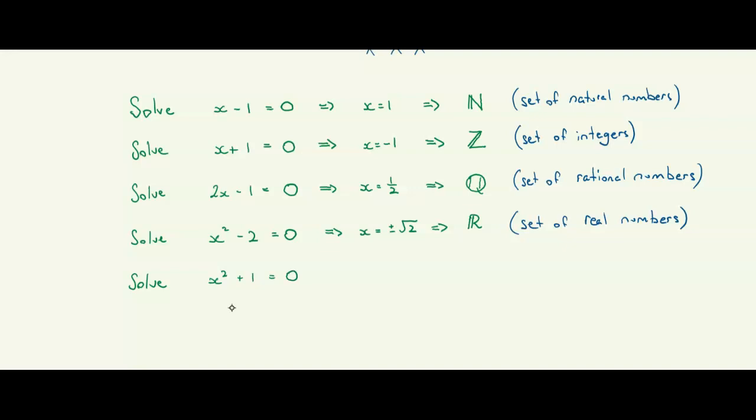And all we're doing here, if you can just see what we've done, we started with some arithmetic, adding and subtracting. Then we pulled in some multiplication, 2x, and that just made it a little bit more complicated. We had to bring in a set of rational numbers to deal with the solutions. Then we brought in some exponents, and that brought in this need for real numbers. Now, nothing's changed here.